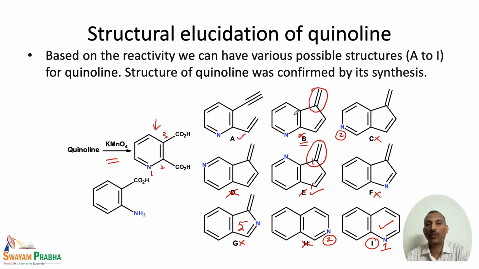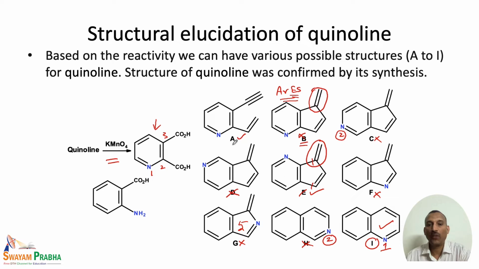And of course, there is one more point: we have seen that these compounds undergo aromatic electrophilic substitution reaction. If we have a pyrrole ring, then there is a possibility that it can undergo aromatic electrophilic substitution, but if the nitrogen is present in the 6-membered ring, then aromatic electrophilic substitution cannot be explained by this structure.